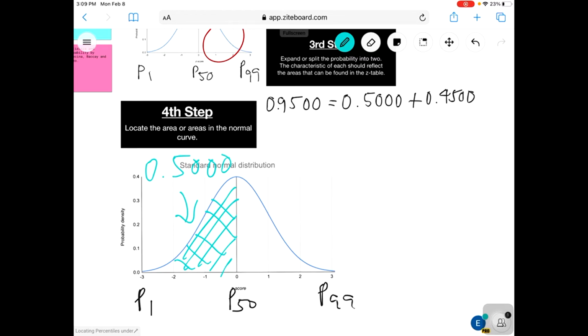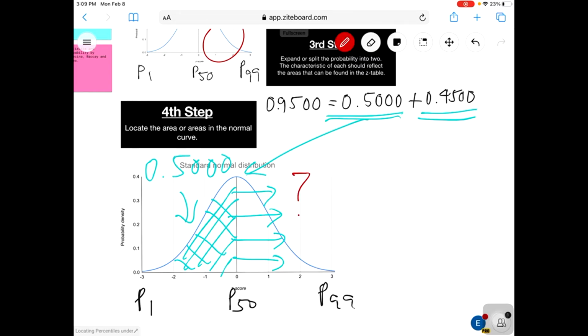Now we have to find the missing area of 0.4500 in the normal curve. As I said earlier, it's somewhere above the mean, but we do not know yet. We still have to determine where this area is.